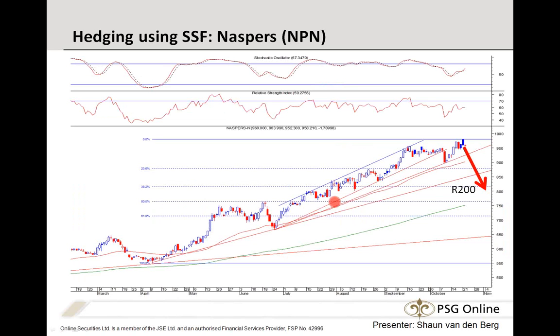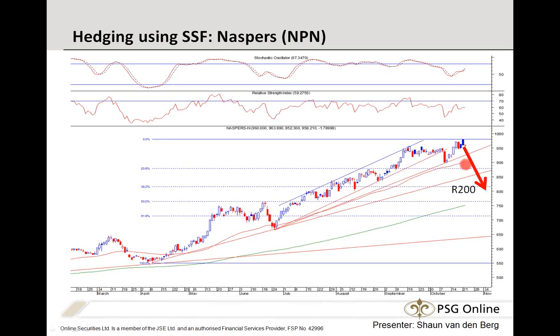One of the major advantages I feel about single stock futures, if you're an equity shareholder and a long-term investor, is that these are great to hedge risk. For example, you might have some Naspers shares in a long-term portfolio, and we're very close to that 1,000 Rand mark now.